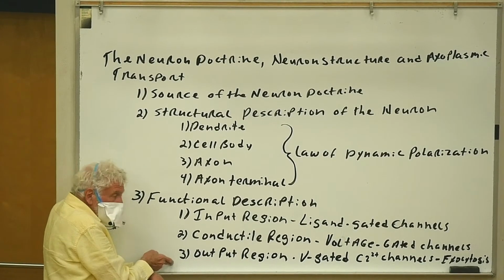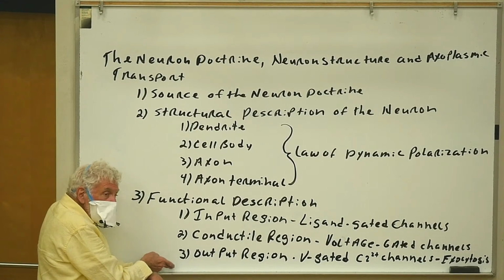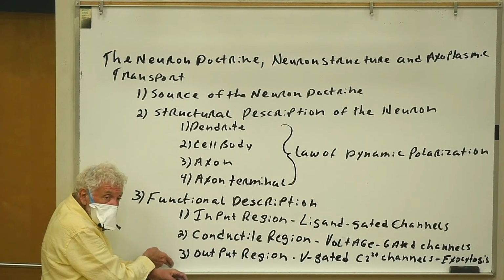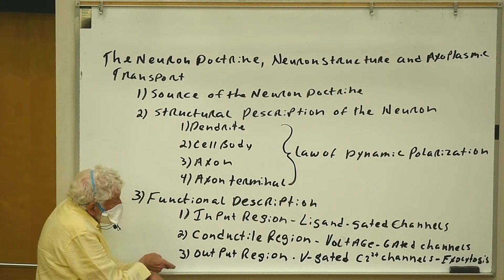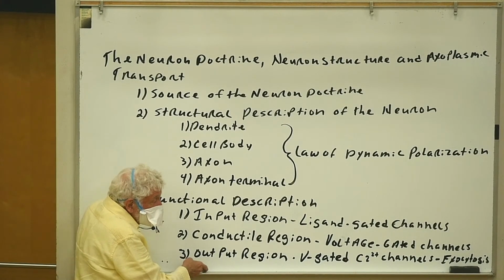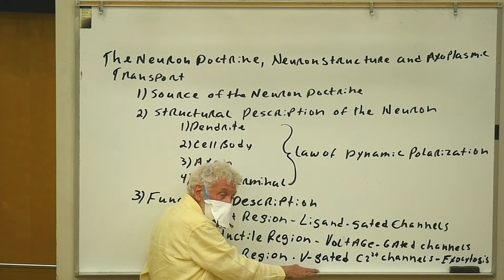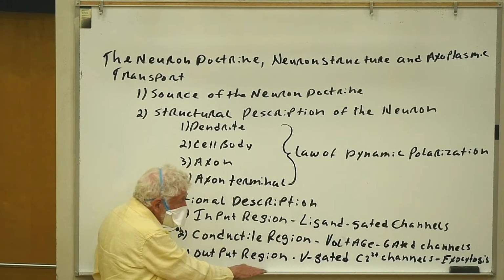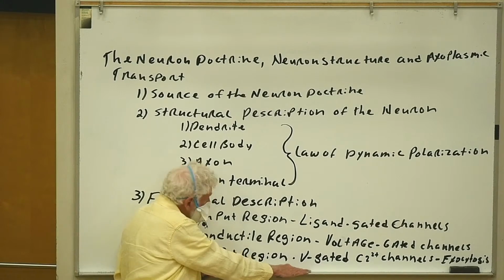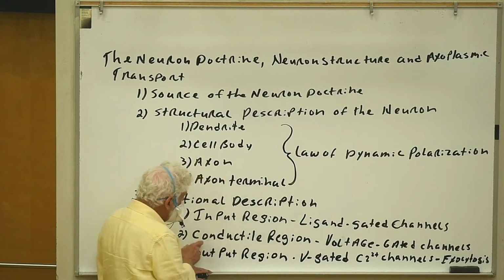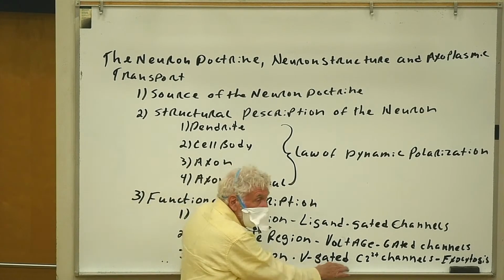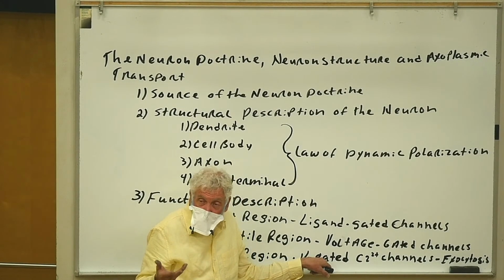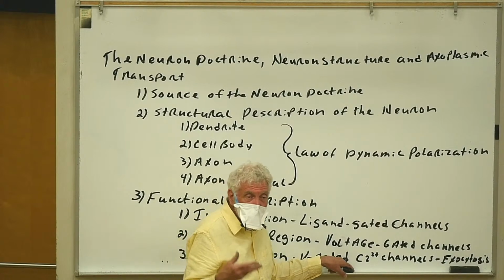and then the output region is the region where we're going to release neurotransmitter, so that neurotransmitter can communicate to a nearby cell. The output region is going to be characterized by another kind of voltage-gated channel, a calcium channel. We'll use charge to open these voltage-gated calcium channels just like we do in the conductor region, but now, rather than letting sodium in or potassium out, we'll be letting calcium come into the cell.